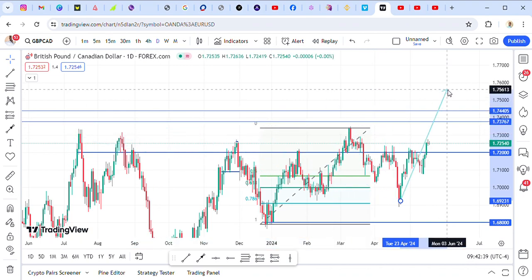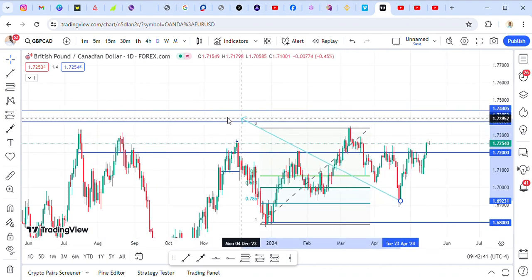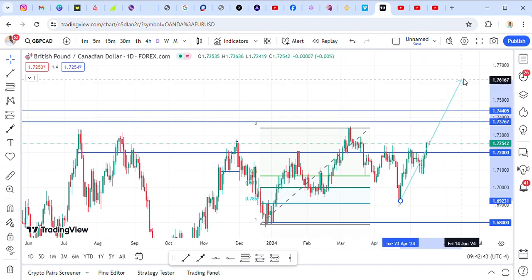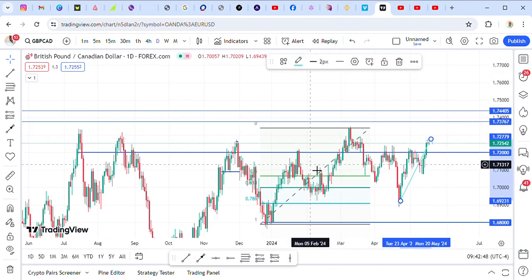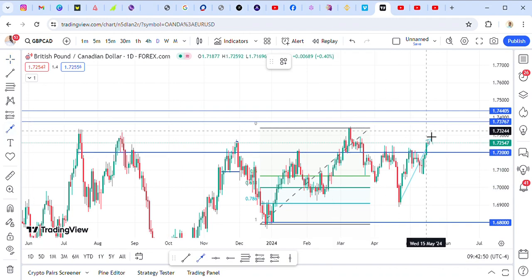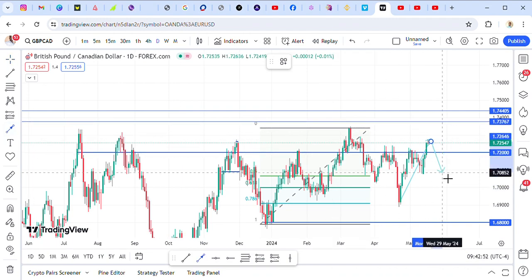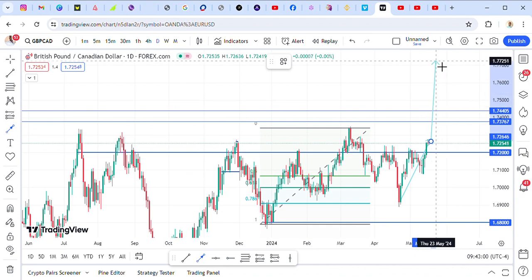So price will probably take out these highs, break through with such impulse. It could happen that price drops a little bit to this place, or to a certain level here, or even here, because of this other block. But essentially price is heading forward.